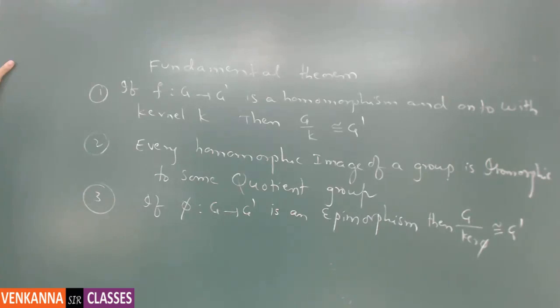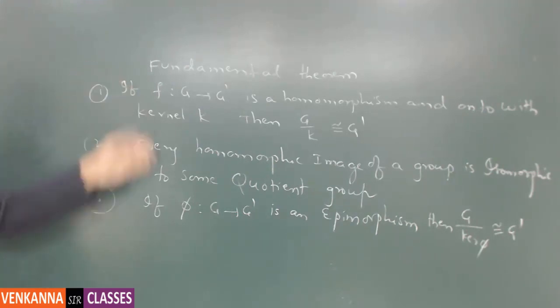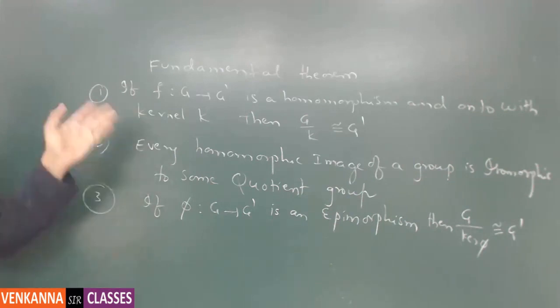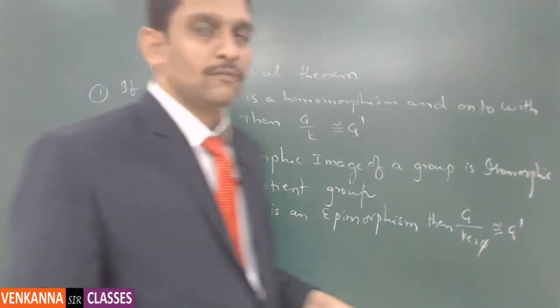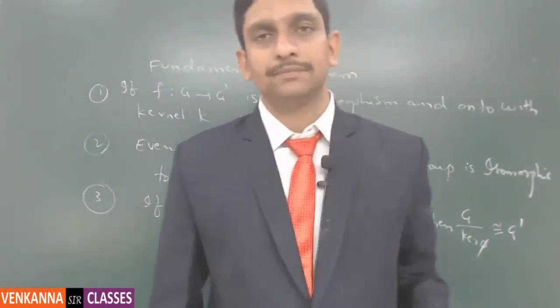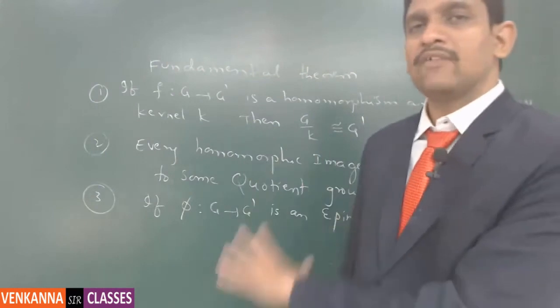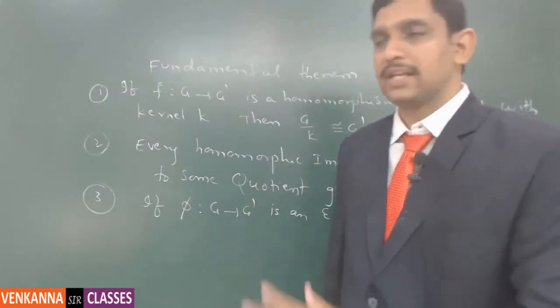Different authors will use the terminology differently. But these are the types of statements available for the fundamental theorem of homomorphism on groups. You can take any variety of them, but they have the equivalent feature in the proof style.